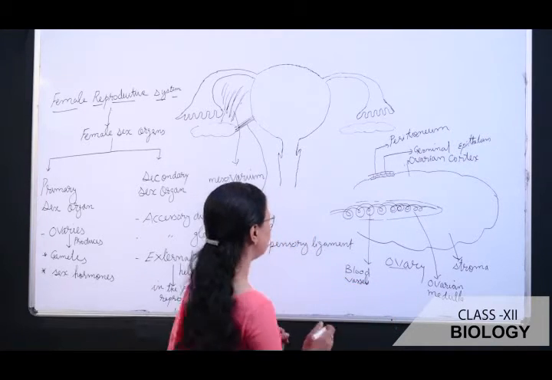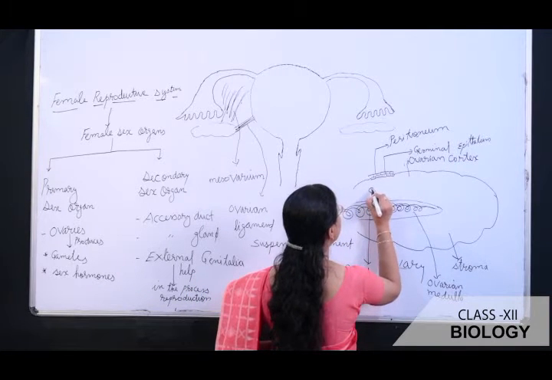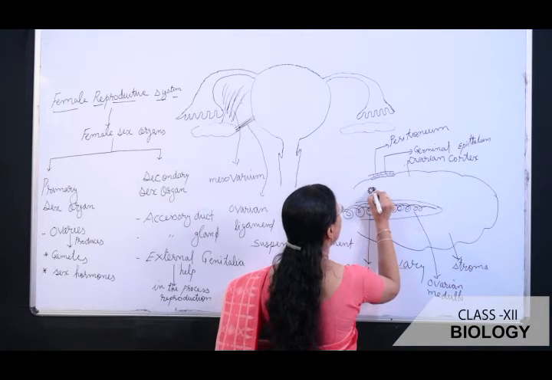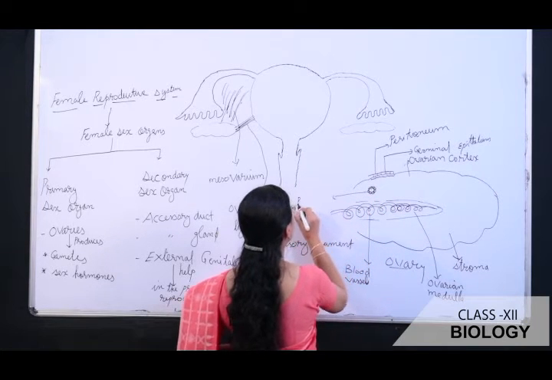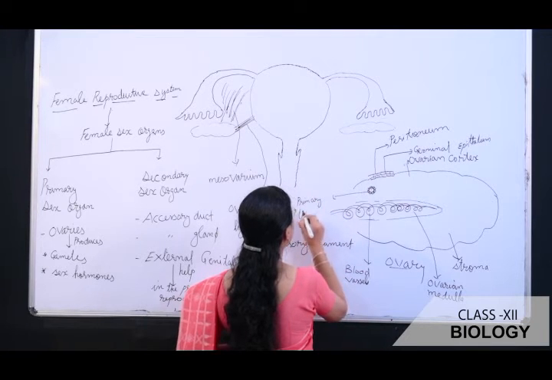Let us see one by one. What is the first stage? You see here, this is the first follicle, which is said to be the primary follicle.